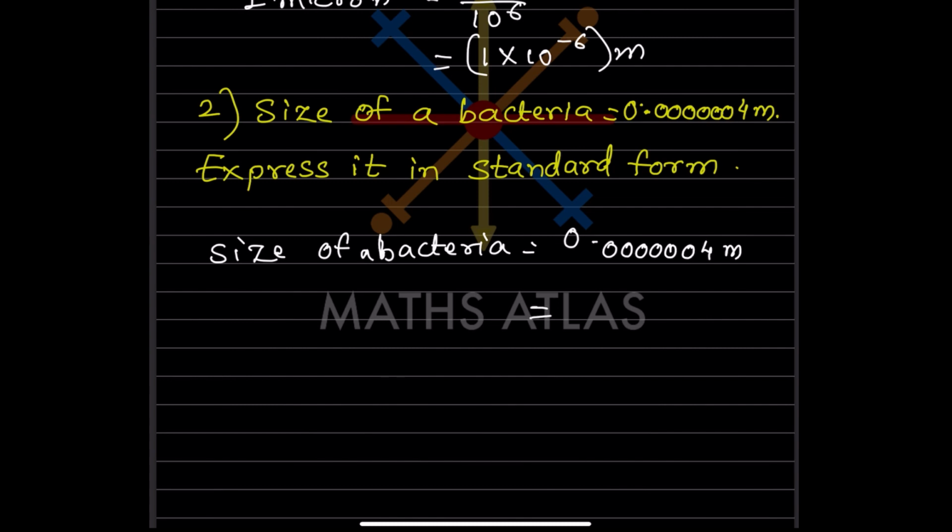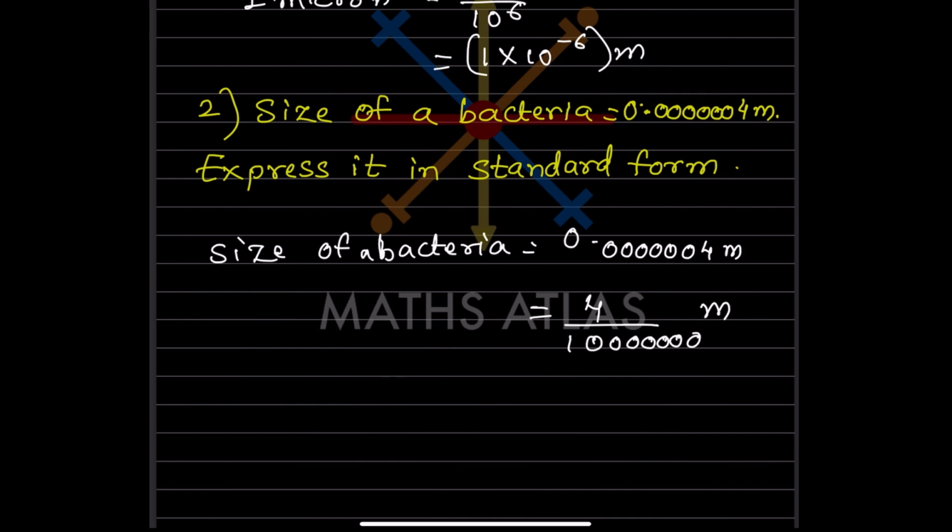So let us write this as 4 divided by 3, 4, 5, 6. Here we are going to write how many zeros? That should be 1, 2, 3, 4, 5, 6, 7. So divided by 3, 4, 5, 6, 7. That will be in meter.